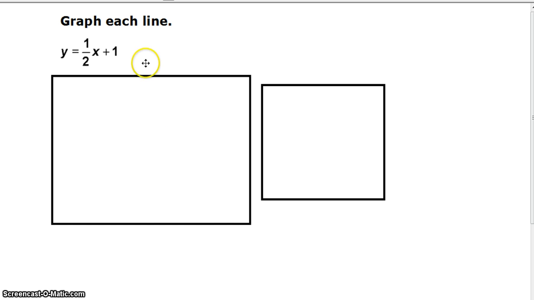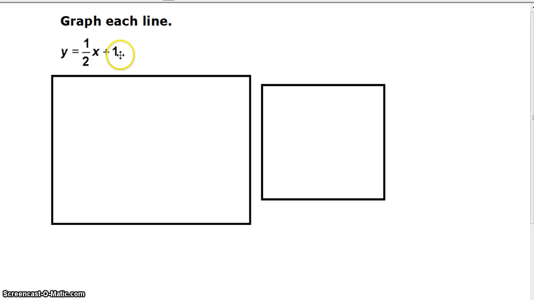Okay, let's recall how to graph a line. When we have a line in slope-intercept form like this, and we're asked to graph it, do we have a point? The point is, you got it, the y-intercept. So we can place that on the y-axis, and then we have slope. Slope is rise over run.